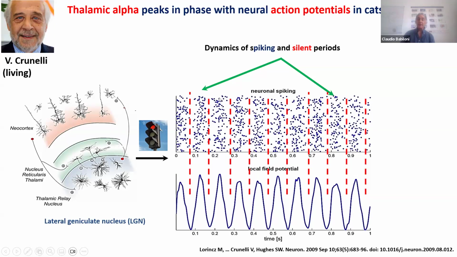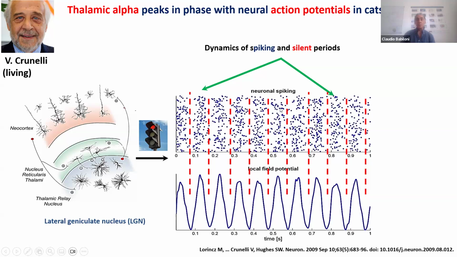And the period with the concentration of spikes is followed by a period of short silence of the neurons. So you have a sort of burst of activity represented by the spikes, and then a short period of silence, and then a short period of spiking, and then a short period of silence, and so on.